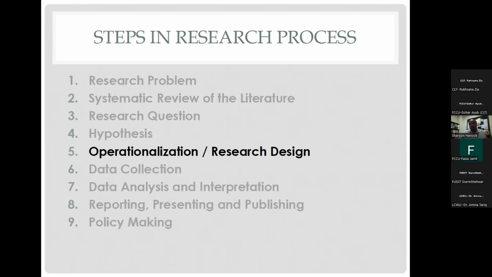When we talk about hypothesis, always think in terms of what is my expected result from this research question? What will be my expected outcomes? So your expected outcomes should be laid out in the hypothesis. And once you have defined your expected outcomes that are related to your research question into your hypothesis, then you talk about the research design.